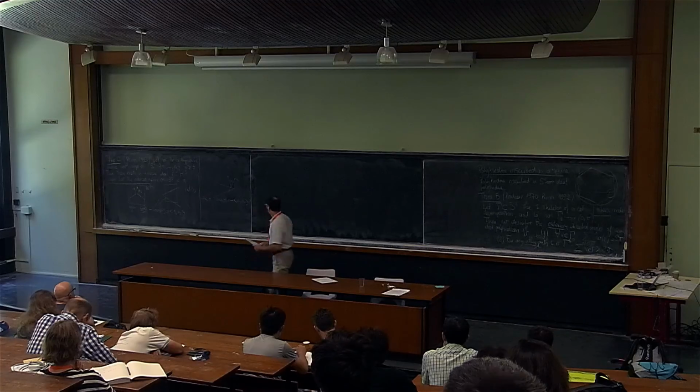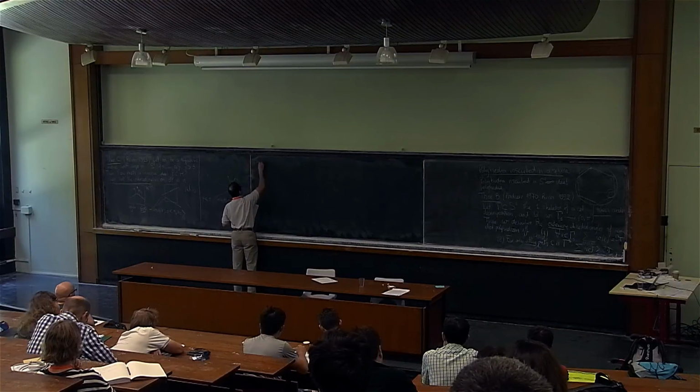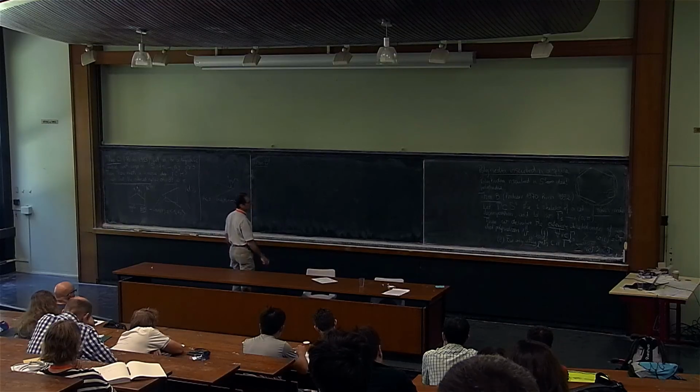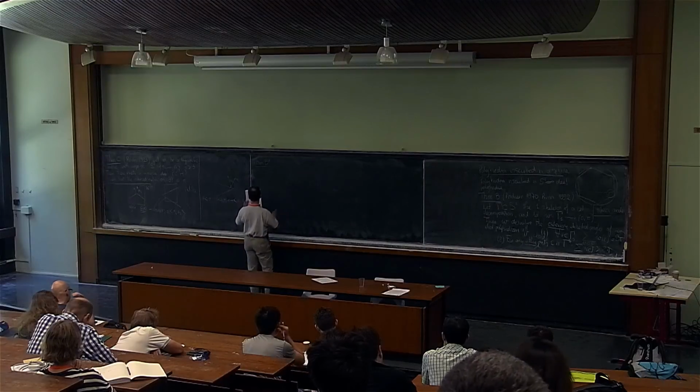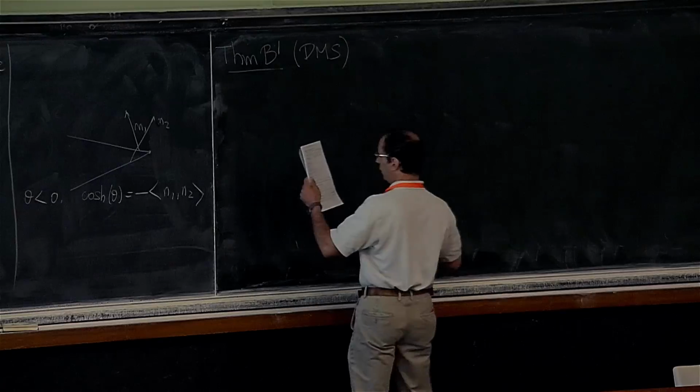Okay? Now from this I can state a theorem, and I'm going to call it theorem B prime by comparison with B, which was the theorem of Andreev and Rivin. So B prime is the following. This is something we proved with Jeff and Sara.